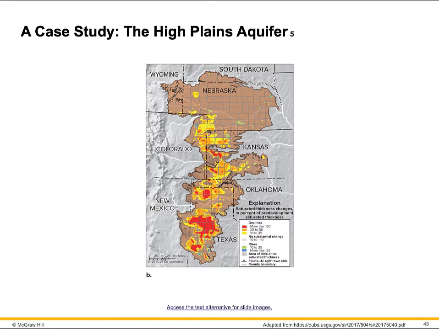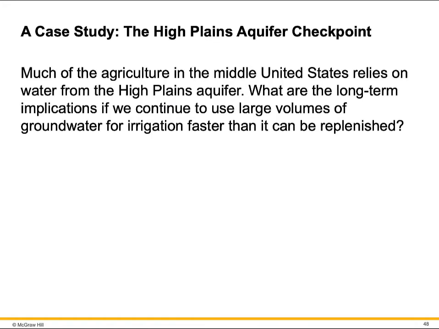The groundwater overdraft has caused a drop in the water table of up to 70 meters. Much of the agriculture in the middle United States relies on water from the High Plains Aquifer. What are the long-term implications if we continue to use large volumes of groundwater for irrigation faster than it can be replenished?